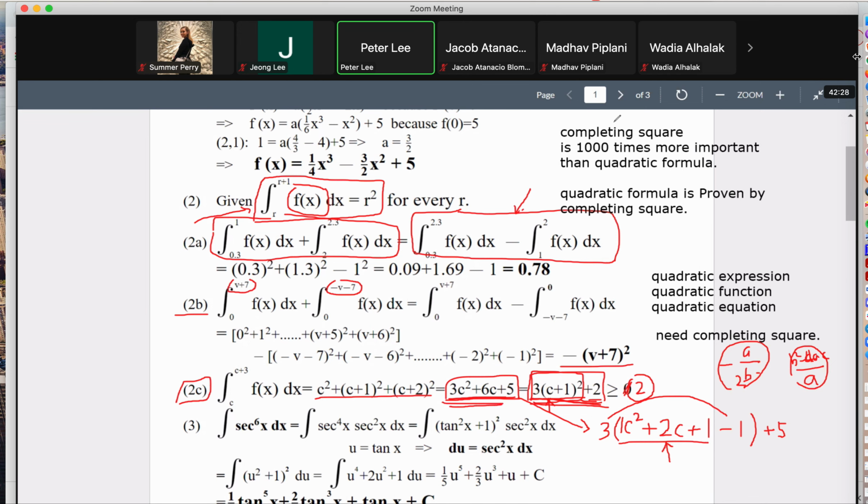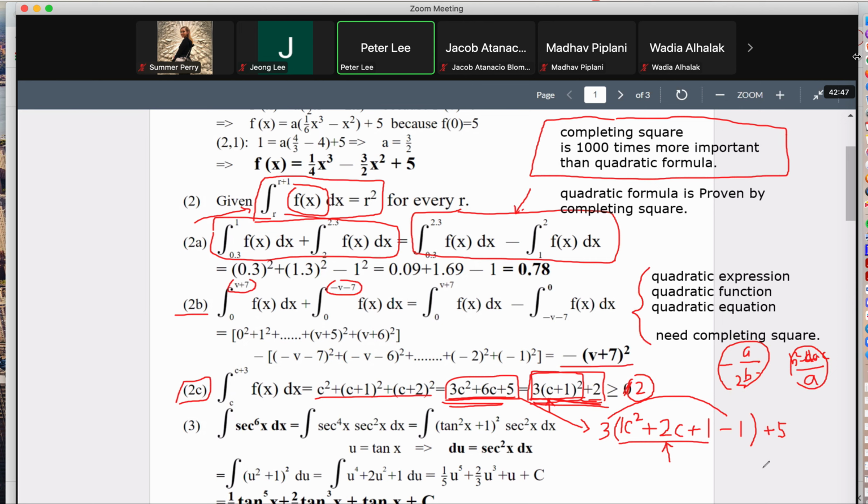Let me tell you this one more time. Completing the square is 1,000 times more important than the quadratic formula. And this is actually covered in intermediate algebra. This is already way beyond our course. But this quadratic stuff is going to show up in every math course you take.